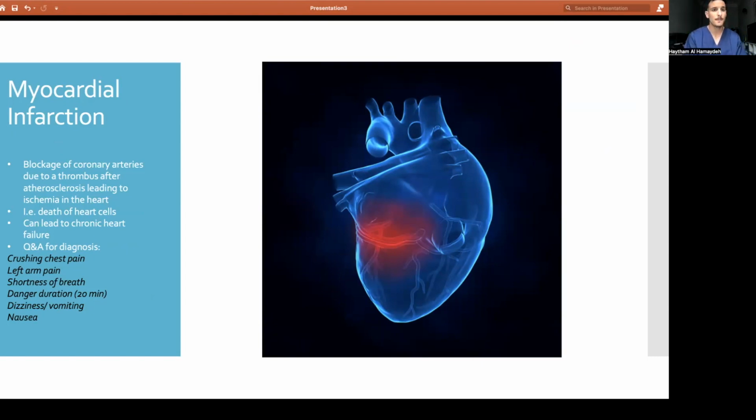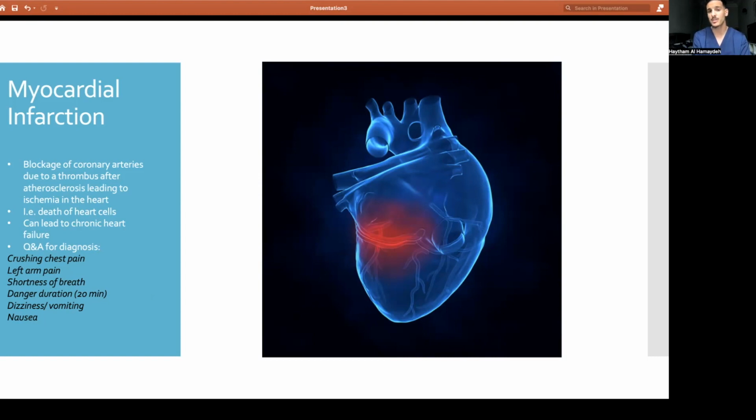And so how this is usually occurring is due to an initial atherosclerosis effect within the coronary arteries of the heart, and then part of the atherosclerosis is removed, and then a thrombus would evolve to cause a complete block of the coronary arteries of the heart.